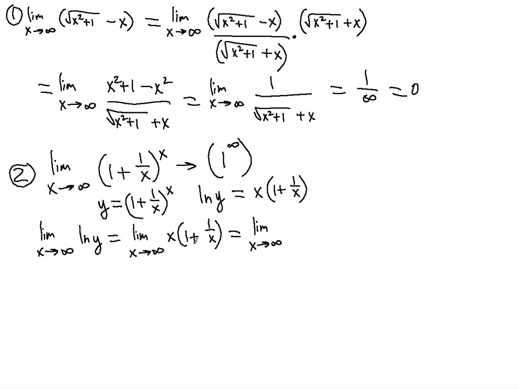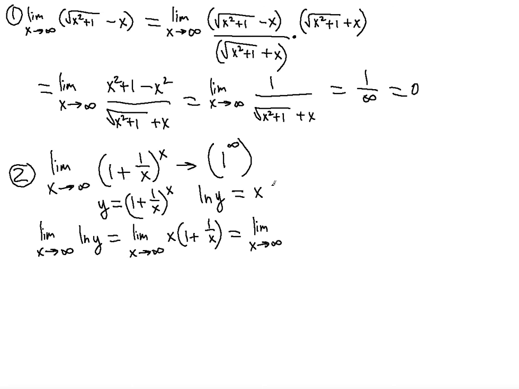So in order to get rid of this problem, you're going to rewrite this. Oh, sorry, did I forget the ln? I think I forgot to put the ln here.